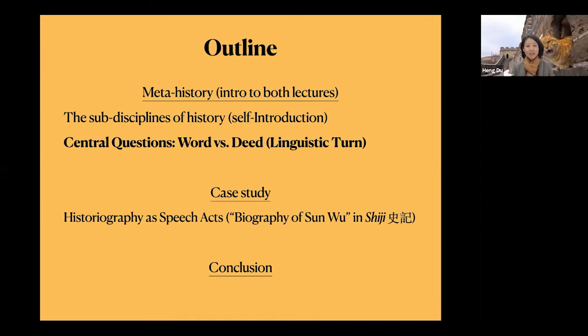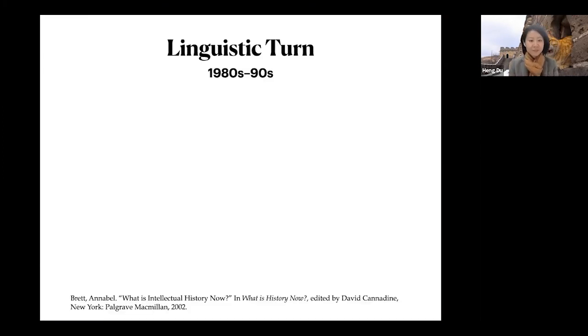Now we'll turn to the central questions of today and next week's lecture, which is this movement that's often referred to as the linguistic turn, and the way I relate to this in these two lectures, namely the question of word versus deed.